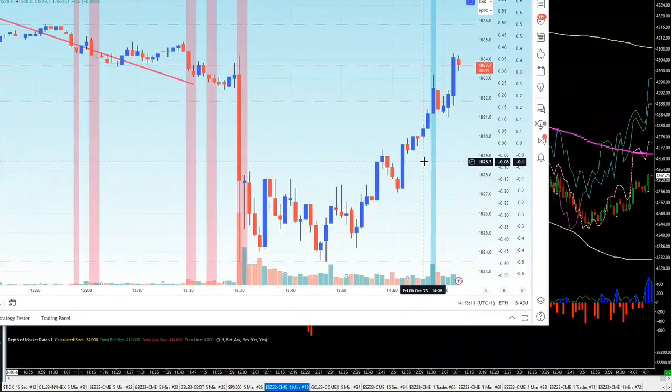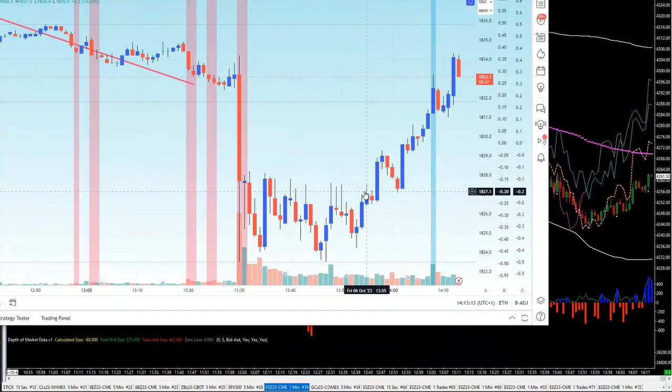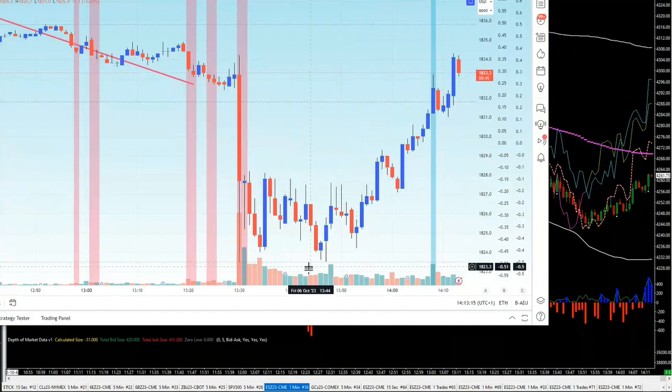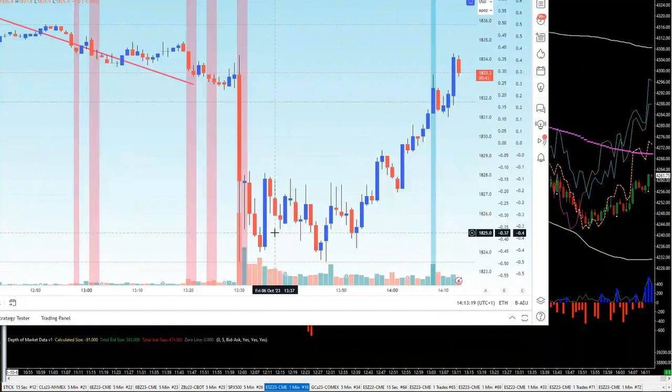But the key to this is this idea, and this is what we talk about, for example, at the cash open. One of the things you'll see into the cash open of the equities is that we get this drop-off in volumes after 2:30. What is my signal following the cash open?